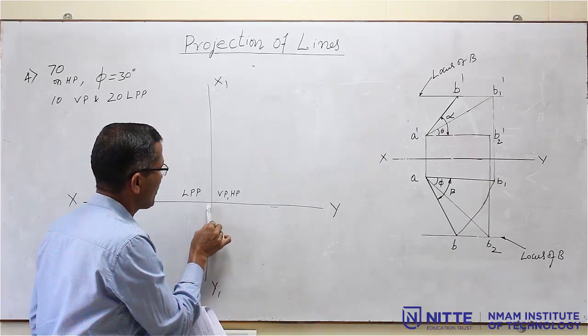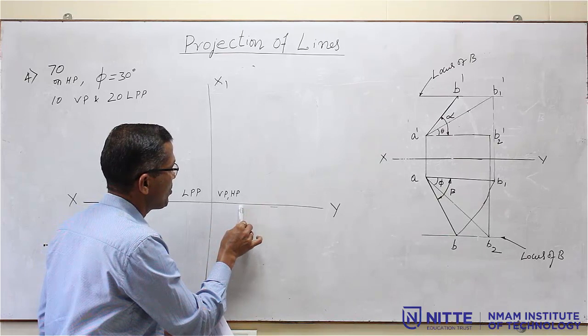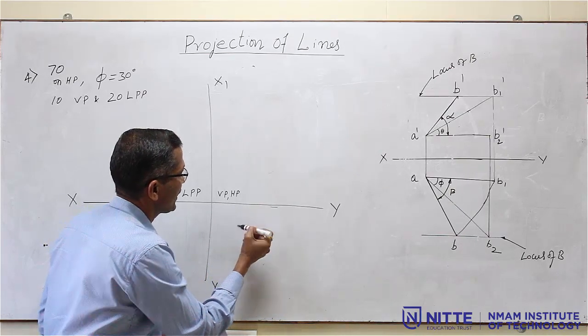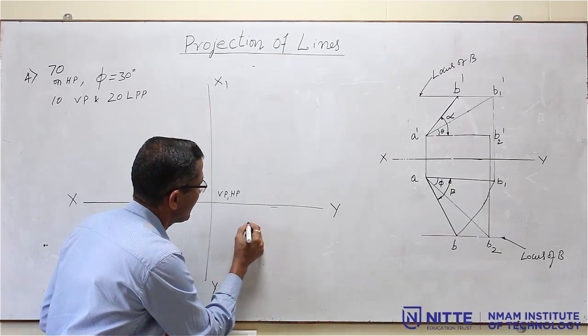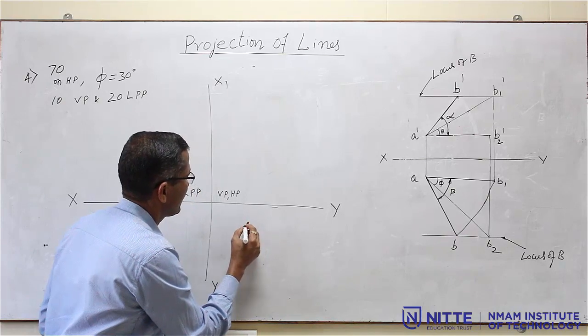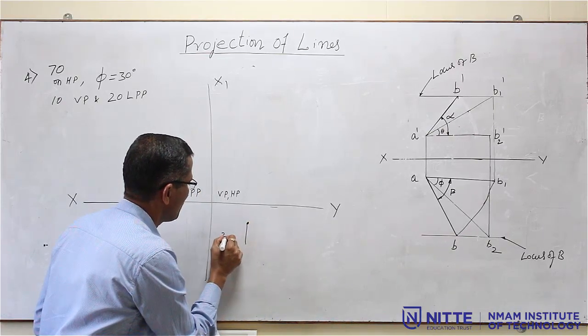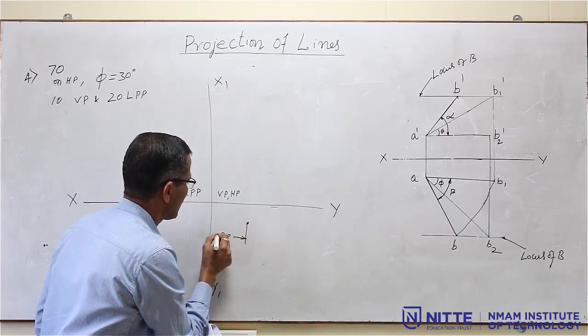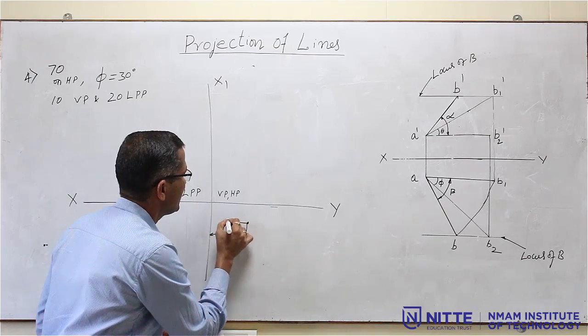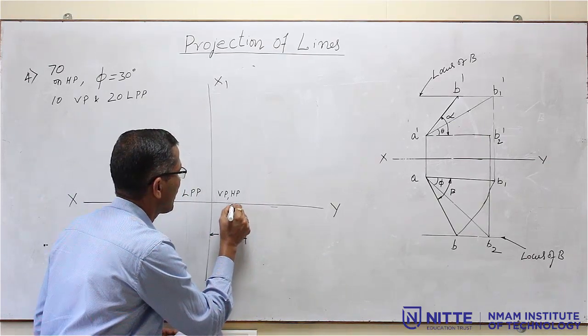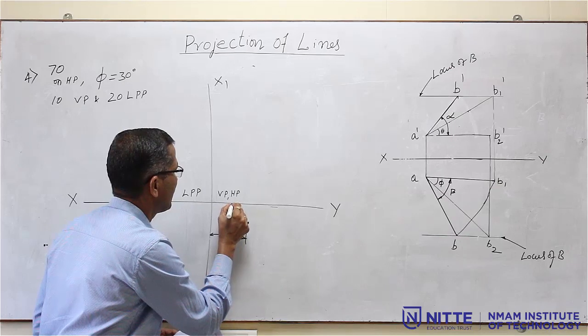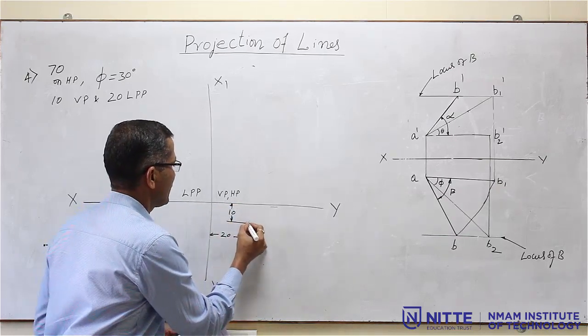So, from the x1 y1 line you measure a distance of 20 mm, from the xy line you measure a distance of 10 mm and you mark the point. So, this distance will be 20 from x1 y1 and this distance will be 10 from the xy line. You have to mark this point.